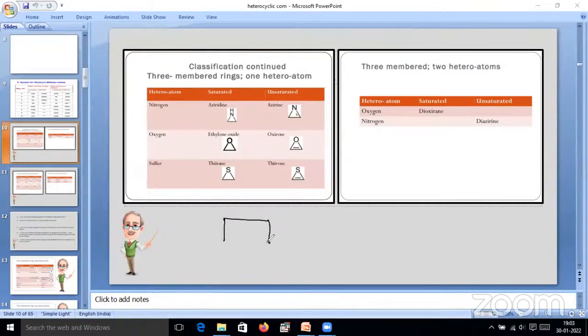This is the heterocyclic system. For numbering, we give first priority to the heteroatom. So number 1 is given to the nitrogen atom, or oxygen, sulfur, whatever it may be. Then you write 2, 3, 4, 5, or you can write like this also.